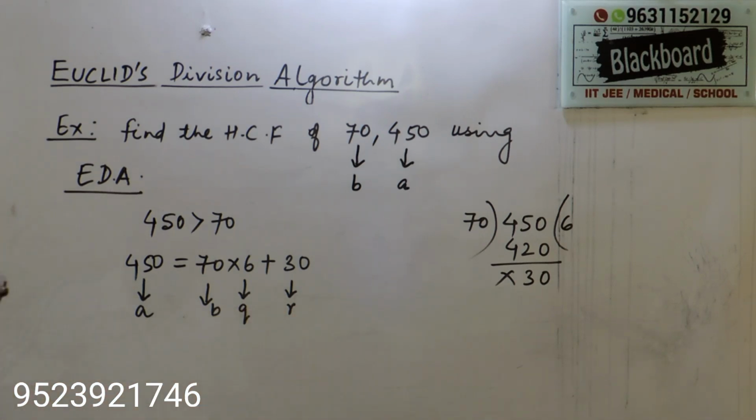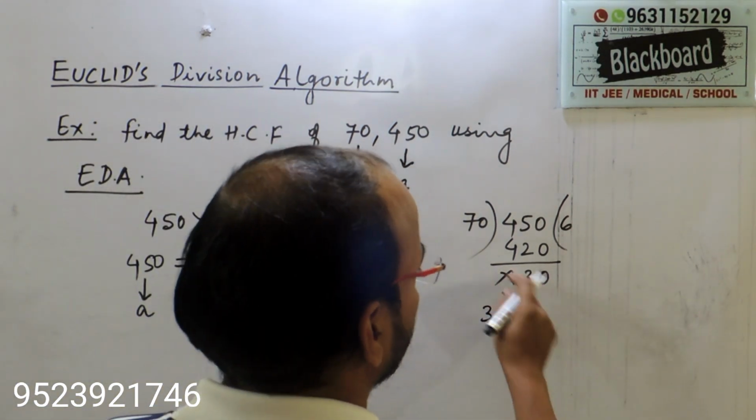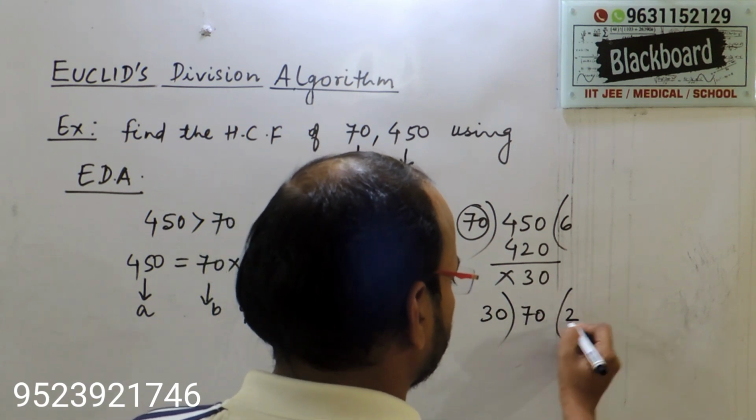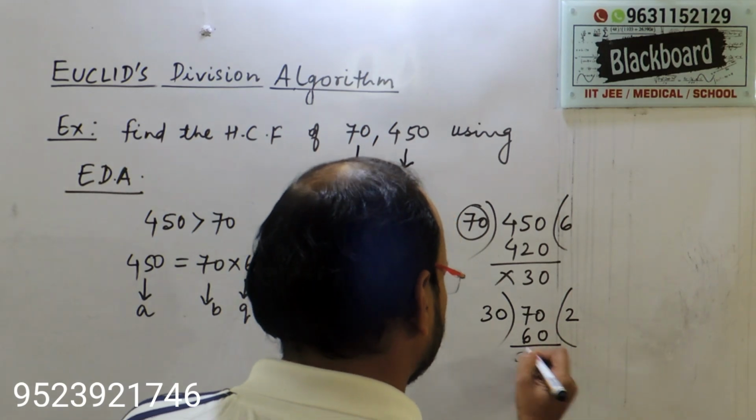तब तक करना है जब तक कि R 0 ना हो जाए. Again आप क्या करेंगे, 30 से divide करेंगे 70 को. तो 70 को डिवाइड करते हैं, you will get 60. That means the remainder is 10.